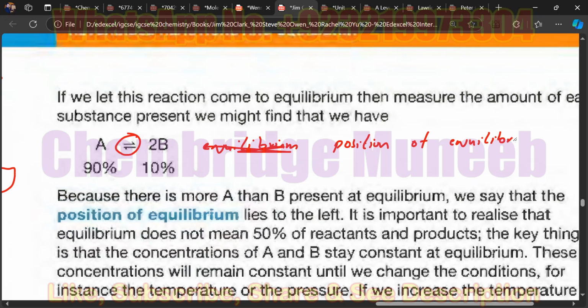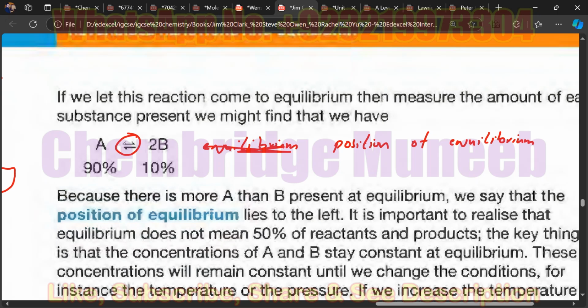The position of equilibrium means in which direction there are more amounts of the substances. So here in this case, of which substance do you see the more amount?